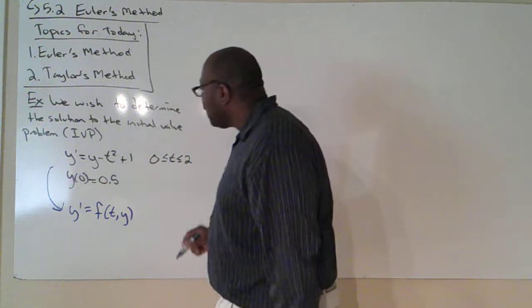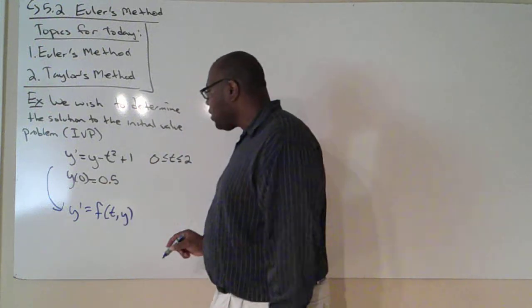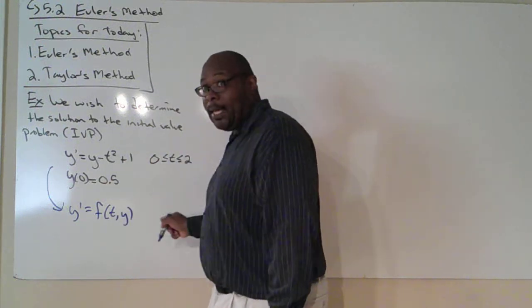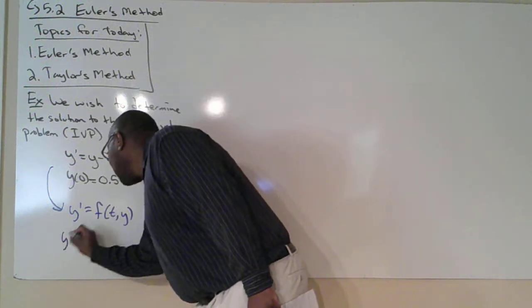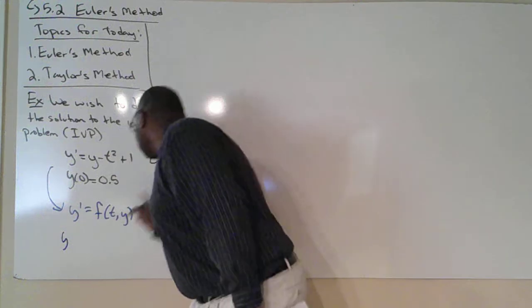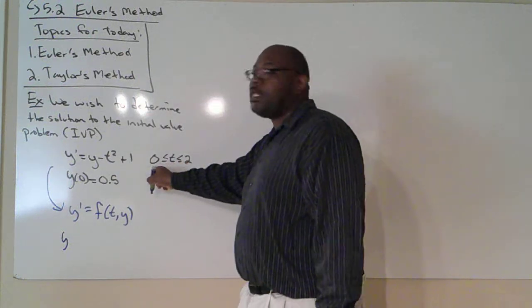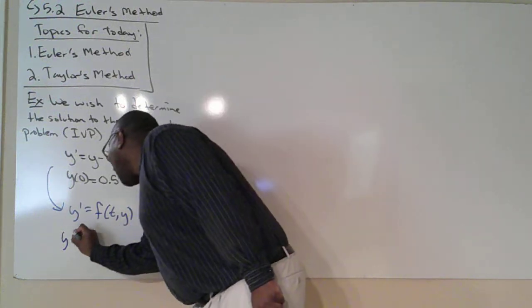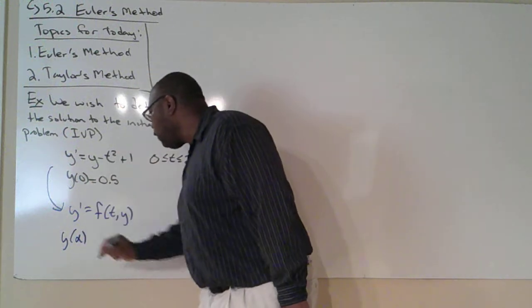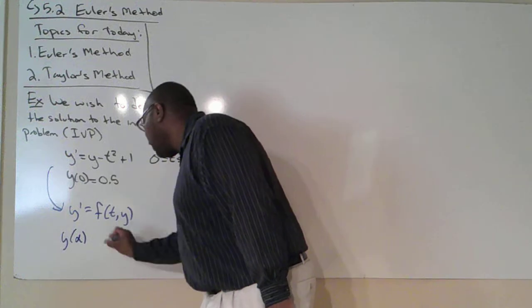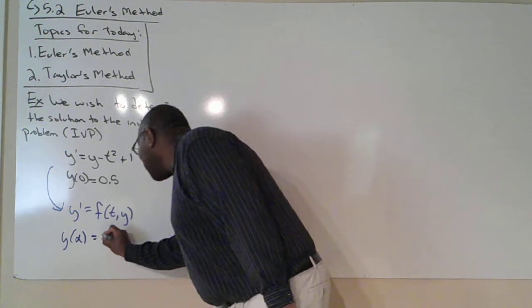So I have a derivative that is a function of both t and y. Then I have my initial condition at any value in my interval that I can pick, and I usually pick the initial value, which is 0 in this case. So I'm going to say y of alpha, where alpha is just my initial value, in this case 0, which is equal to y sub 0.